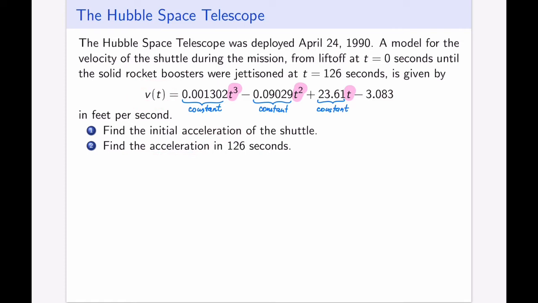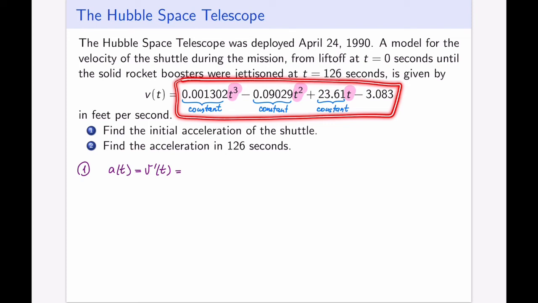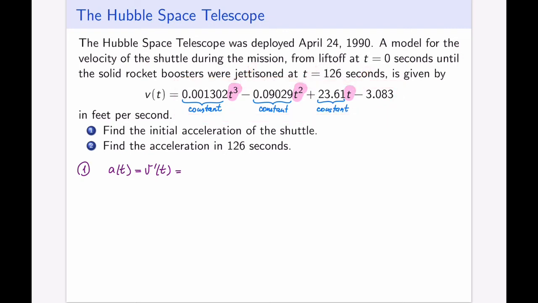Acceleration is the derivative of the velocity, so that's exactly what we're going to do. First of all, let's find the acceleration function, which is just the derivative of the velocity function. I need to be taking the derivative of this big expression, but luckily this expression is nothing but a cubic polynomial that has been disguised with very ugly looking constants.